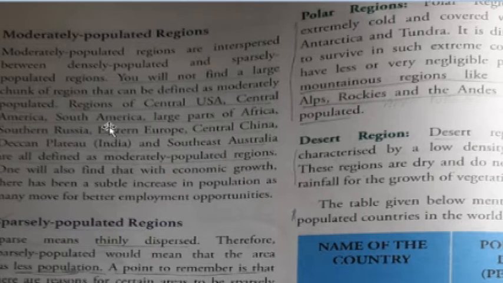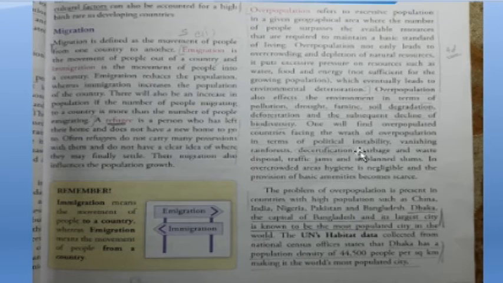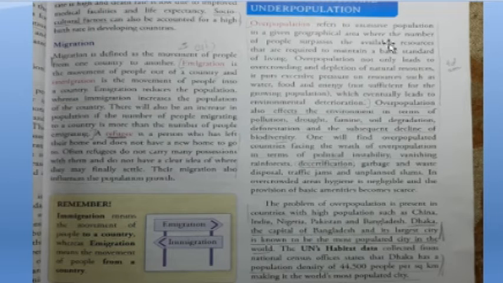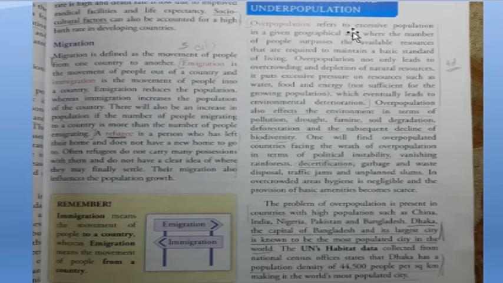And question 4D. What is overpopulation? So this is overpopulation, from here. Overpopulation refers to excessive population in a given geographical area where the number of people surpasses the available resources that are required to maintain a basic standard of living.